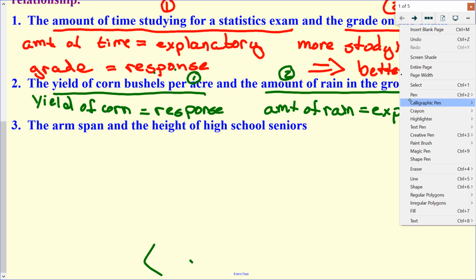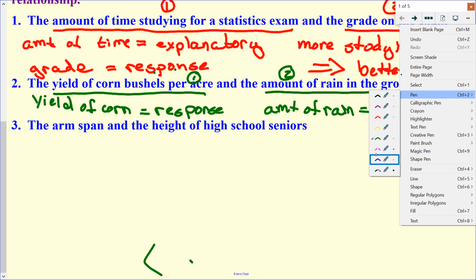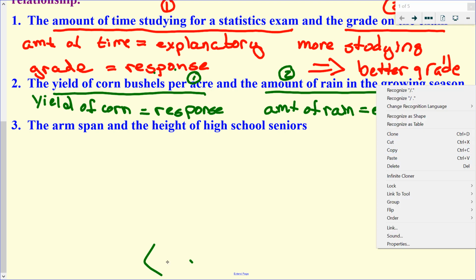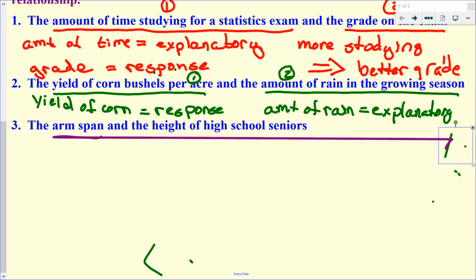Oh, there we go. So in this case, our two variables, we have arm span. Oh, that's weird. Hang on a moment. Let's erase some of this.